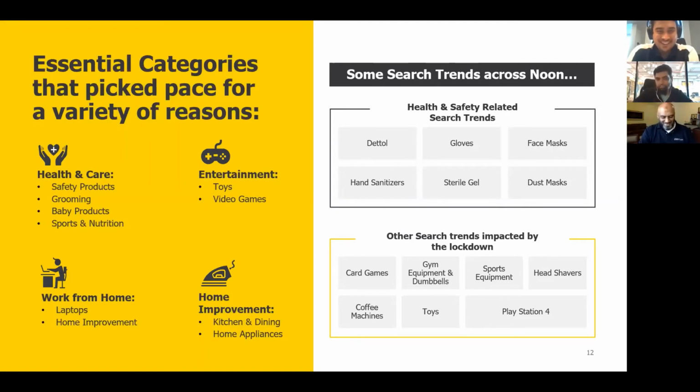And why I specifically spend time on this is because in most of the categories, the spike was, let's say, 80%, 100%, 150%, which means if we were selling, let's say, 10,000 units of something, we started selling 18,000, 20,000. Toys was one category where we actually did 3x, which means if we were selling 30,000 toys, we started selling 90,000 toys.